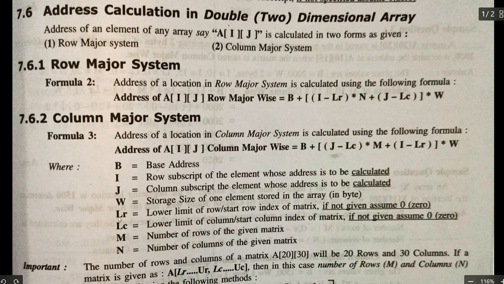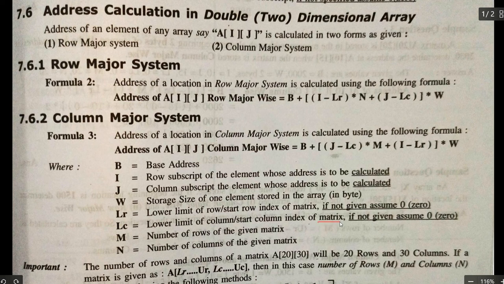The next thing is LR. LR is the lower limit of the row, the start row index of the matrix, and if it is not given, it can be assumed 0. So it is the lower limit of row index, and LC is the lower limit of column index of the matrix.